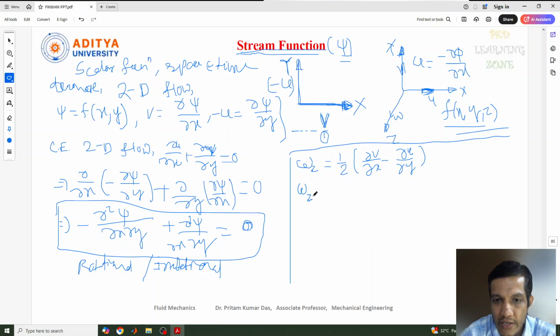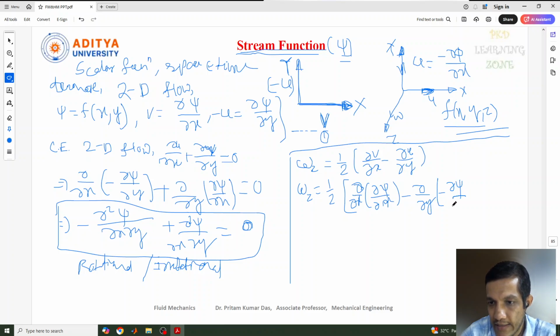Omega z equal to 1 by 2 bracket start, del by del x of v, which we have seen is del psi by del x, bracket close, minus del by del y of minus del psi by del y, bracket close.